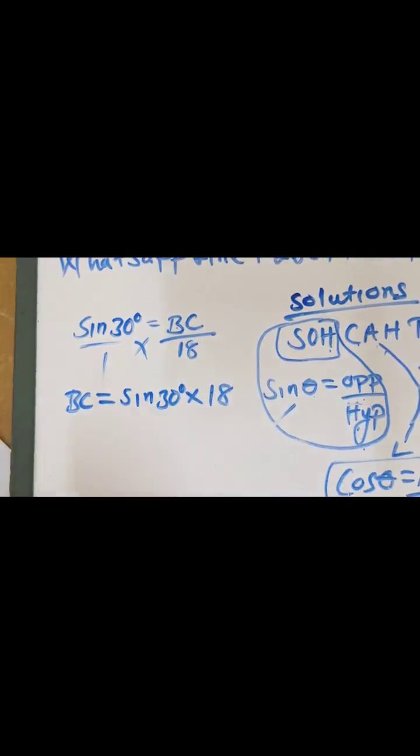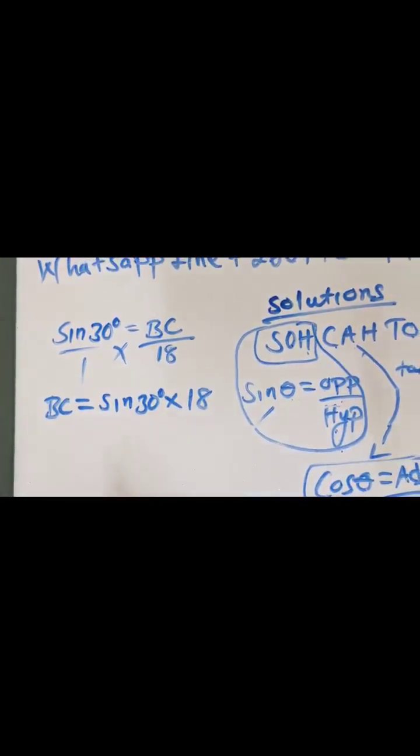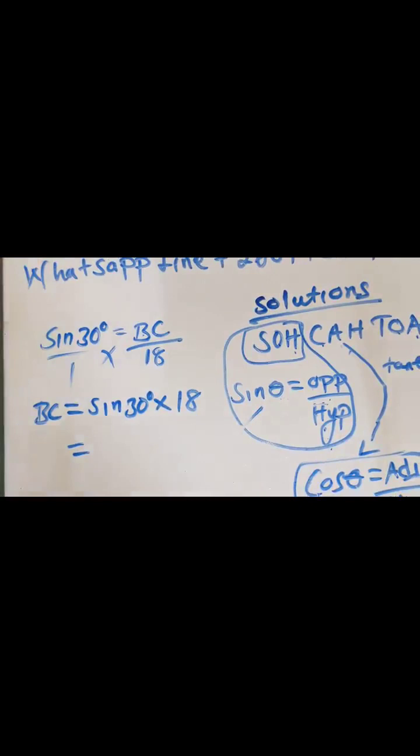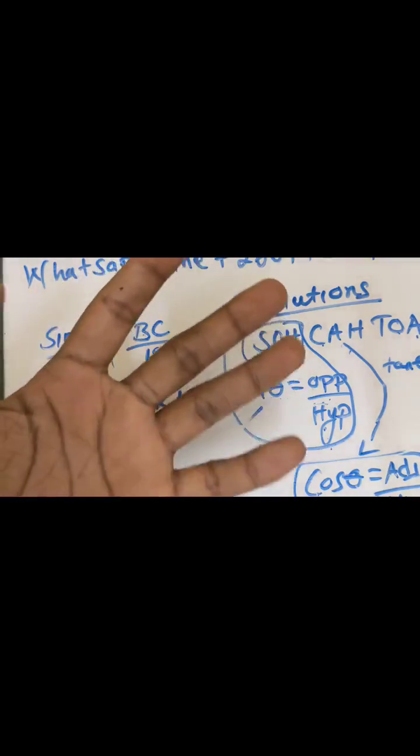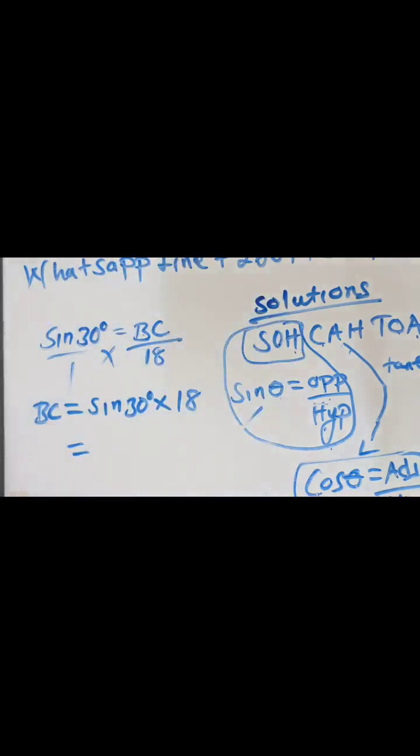Okay, so now you don't have a calculator. How are you going to find sine 30? How are you going to find sine 30? So in the previous video, I actually did teach you the formula when using your hand, when finding sine, tan, cosine, by using what?